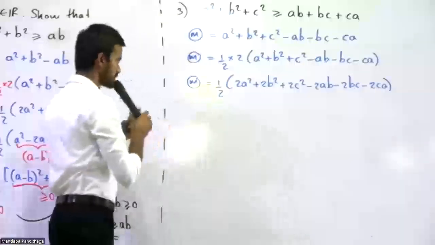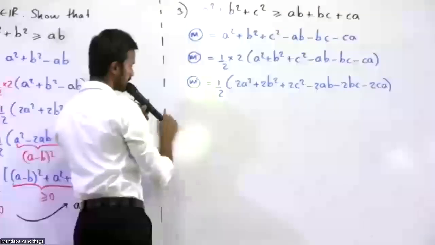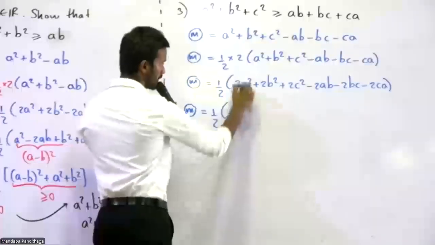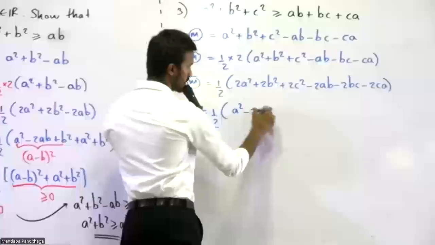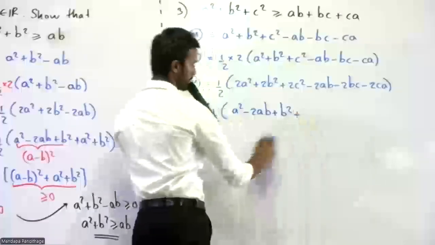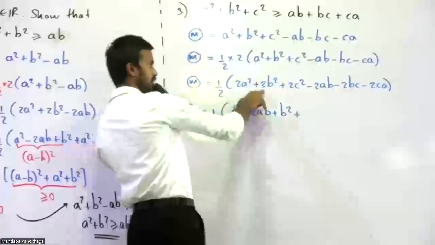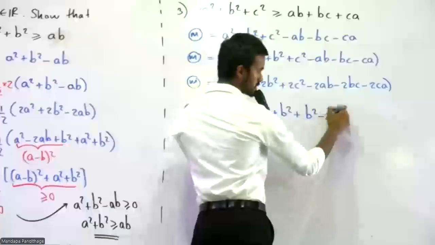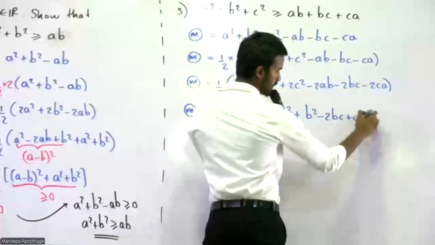Okay, now look at this. If you take 1a squared, that minus 2ab and 1b squared, and then take another b squared, this minus 2bc and a c squared.